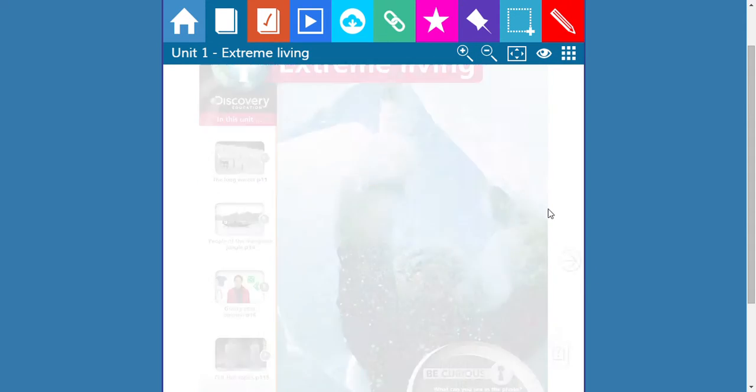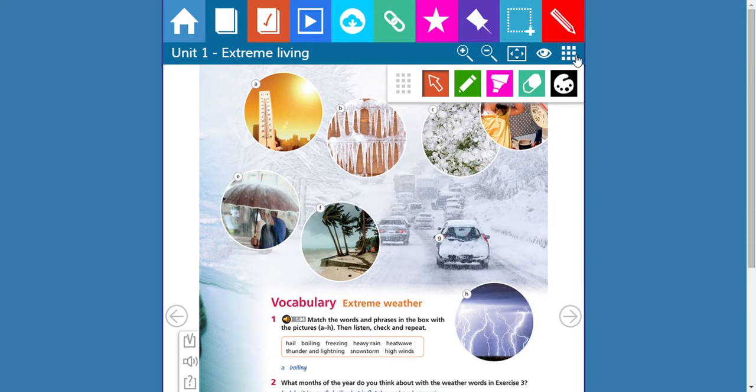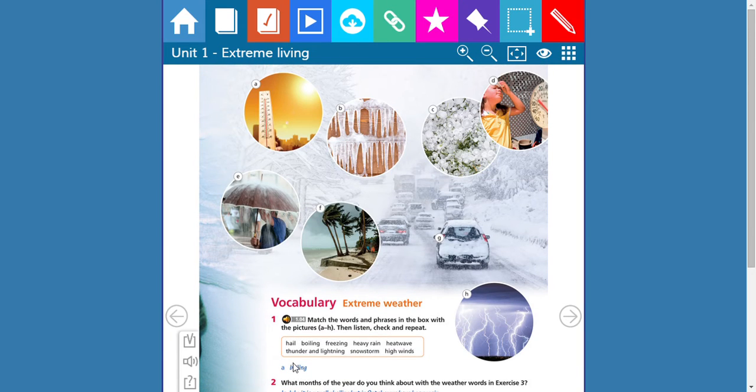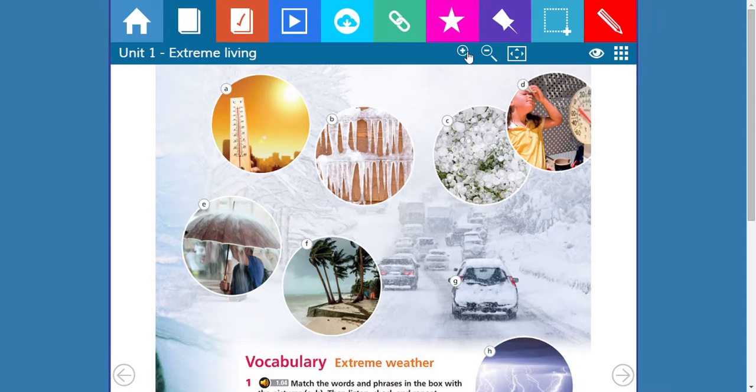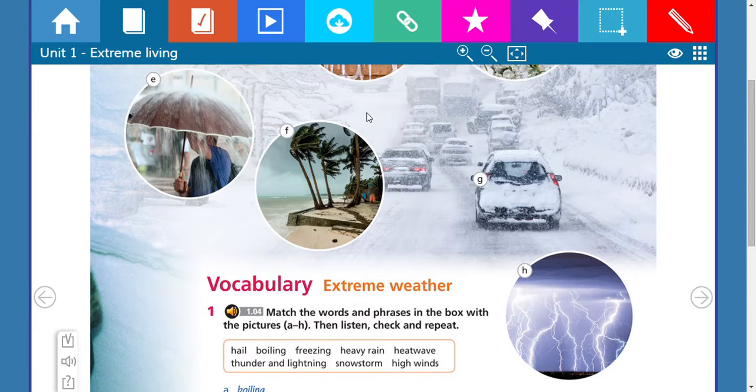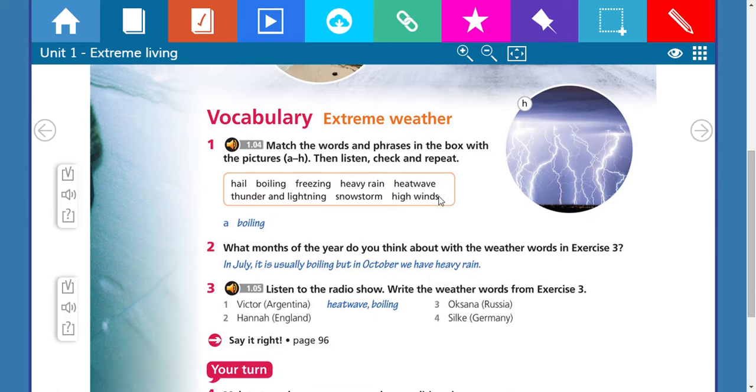We saw this activity, we checked vocabulary, for example: hail, boiling, freezing, heavy rain, heat wave, thunder and lightning, snowstorm, high winds. Remember, this vocabulary is about extreme weather. And here are some pictures related to the vocabulary.